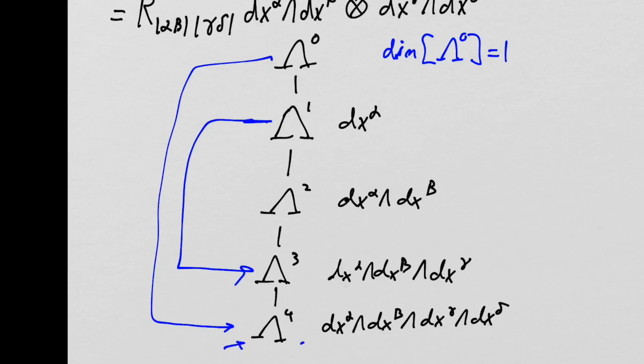There's only dx0, dx1, dx2, and dx3. That's the only possible wedge combination you can have. Any variant of that by shuffling the order just changes it by a sign, which is really not a linearly independent basis vector. So this also has dimension 1. So these two spaces you can map together. Likewise, you can map these two spaces together. And the second exterior power you can map into itself. And that process is what we call the Hodge dual.